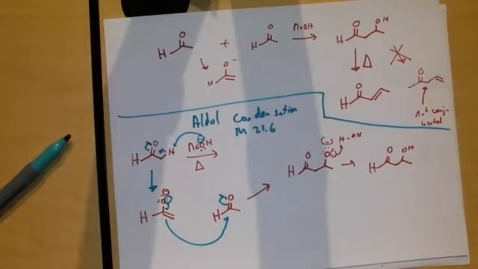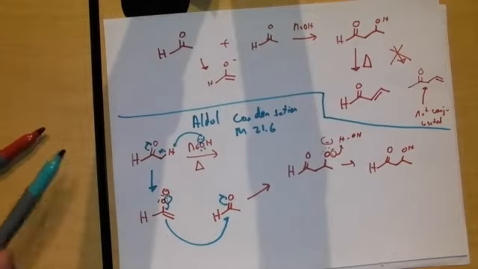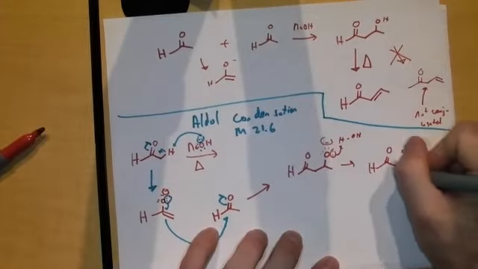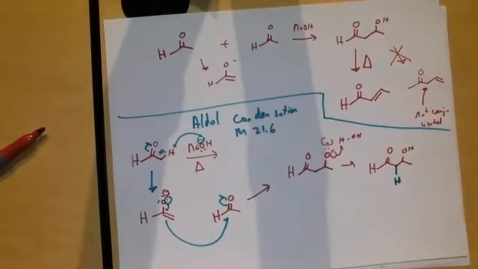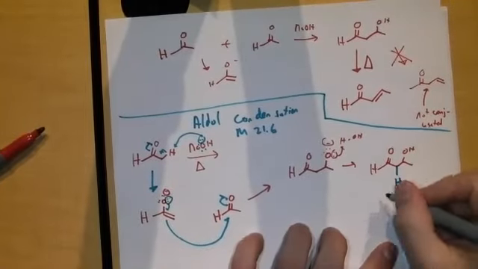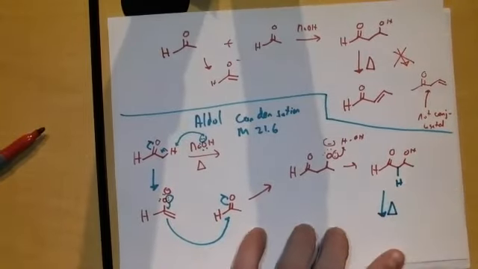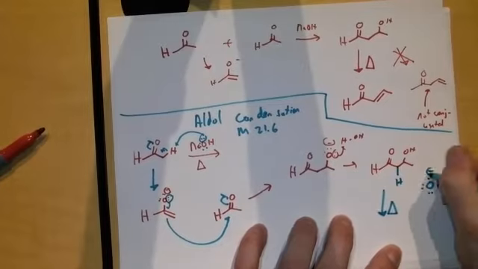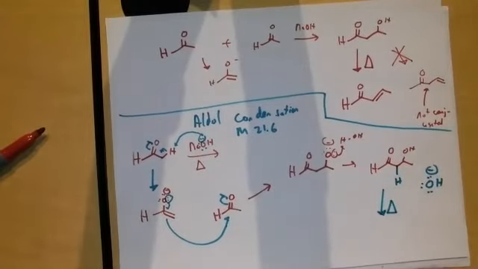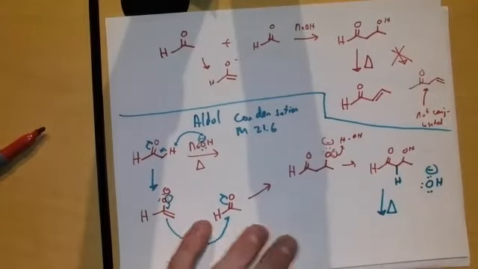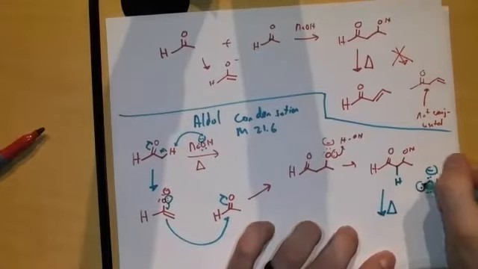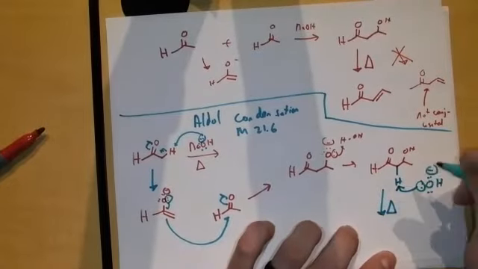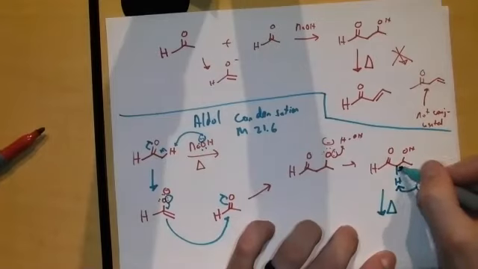From here, what we're going to have happen, we're going to do a bit of a proton shuffle. So in heat, you can do this all in one step, which is nice. We just made OH minus. We are going to pick up this proton, eliminate water.